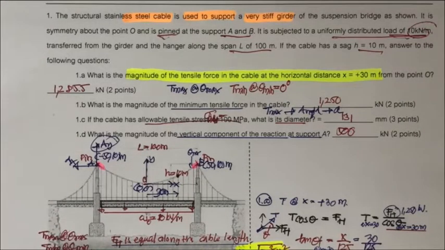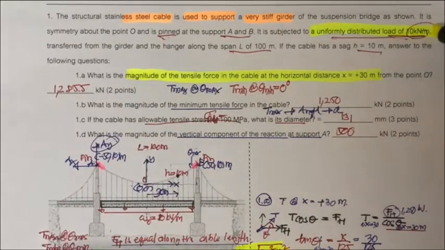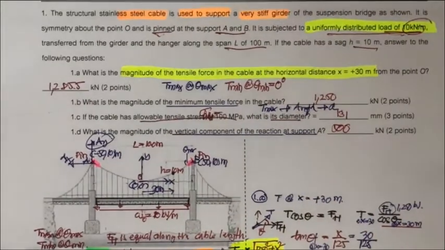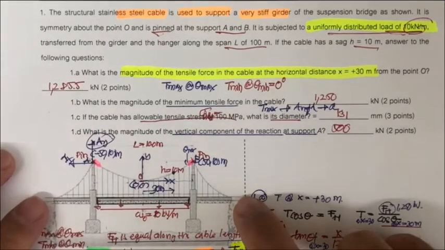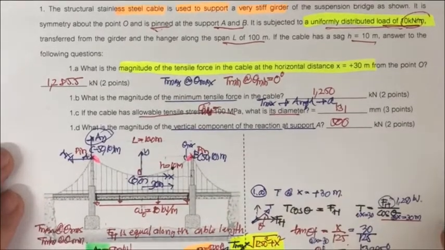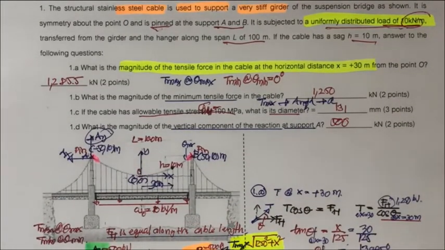This cable is subjected to the uniformly distributed load. You also had a chance to consider this model compared to the real structure, the George Washington Bridge in the US. This is the end of this demonstration of this example.